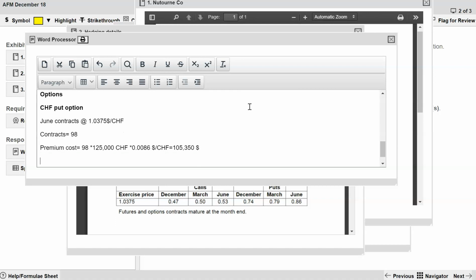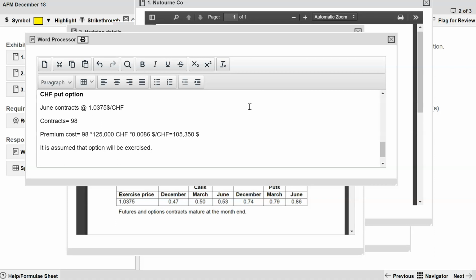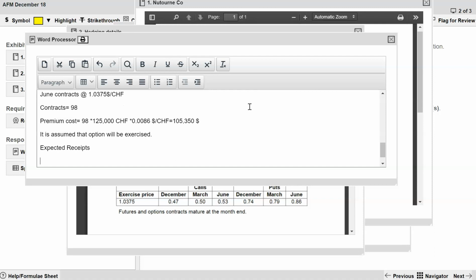So this is the premium cost, and now let's assume the option will be exercised. So the expected receipt if you exercise the option: how much are you going to receive?